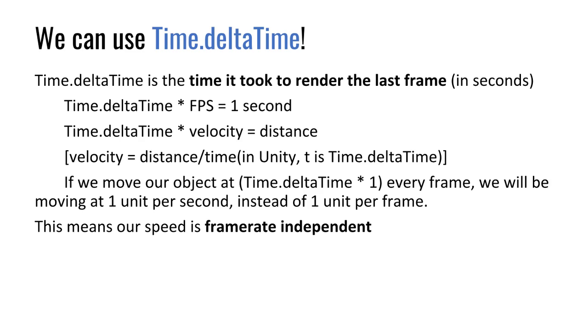So we can use this to transform our units per frame into units per second. If we multiply our velocity or our speed times Time.deltaTime, then we get our speed in units per second instead of units per frame.